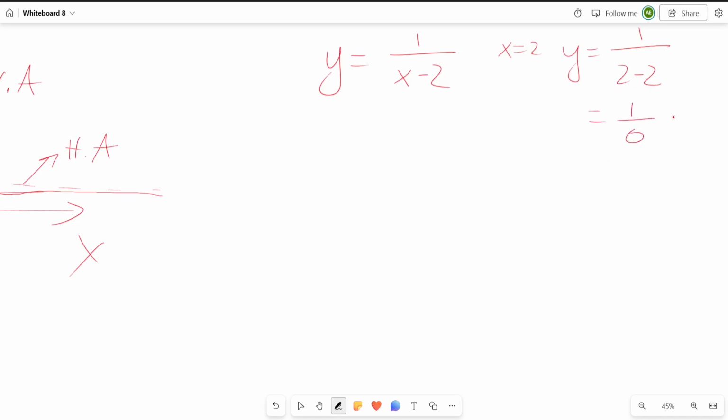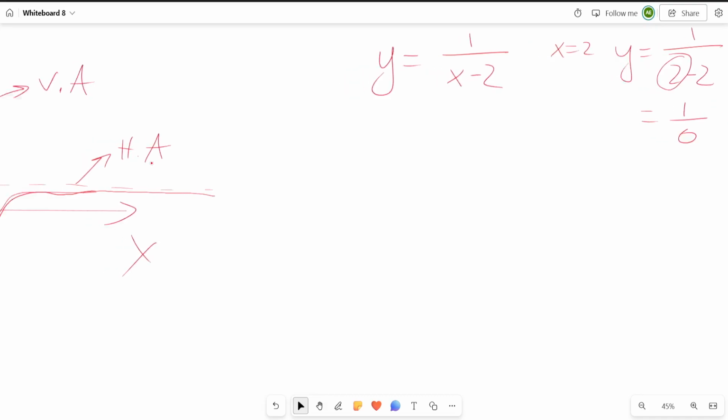And anything over 0 in mathematics is undefined. I cannot divide anything by 0 in mathematics. So that's why at x equals 2, my function becomes undefined, and then a vertical asymptote arises.